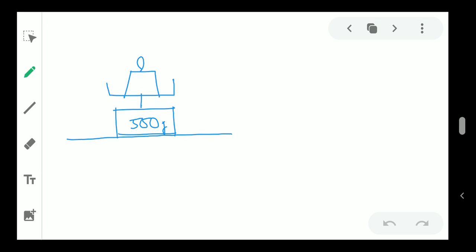Okay, so if you have a weighing machine where you can take weight, and you put something like a 500 gram object, when the machine is on the ground, it will show you 500 gram.